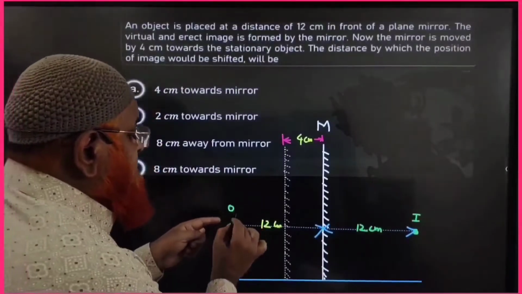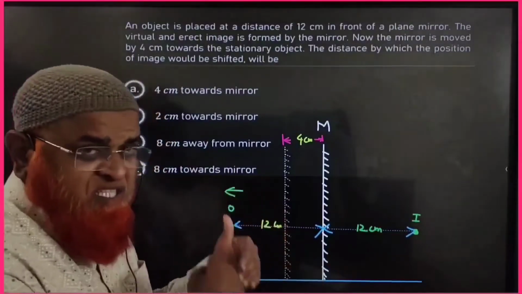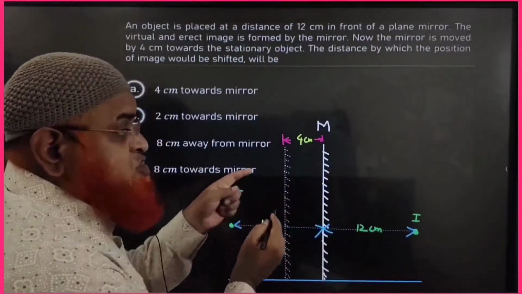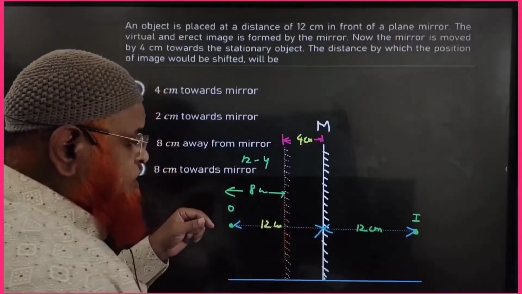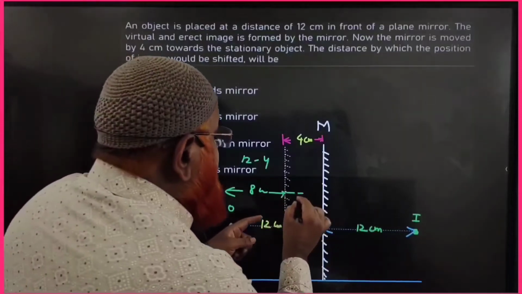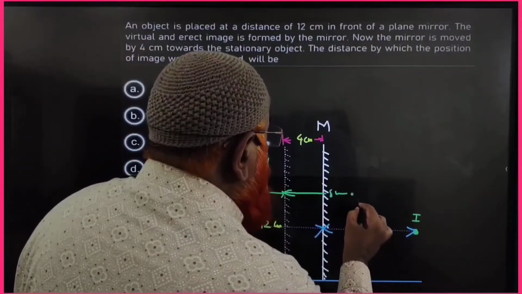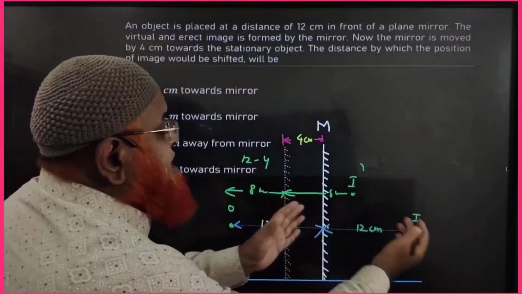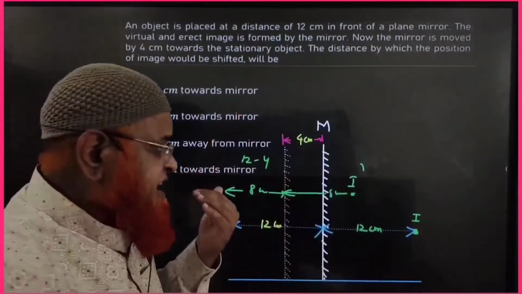From here, if it is shifted 4 centimeters, now the new distance from the mirror to the object is reduced by 12 minus 4, that is going to be 8 centimeters. That means from the mirror to the image also it is going to be 8 centimeters. That means now the image will be here. Image is shifted from I to I dash. How much is the image shifted?